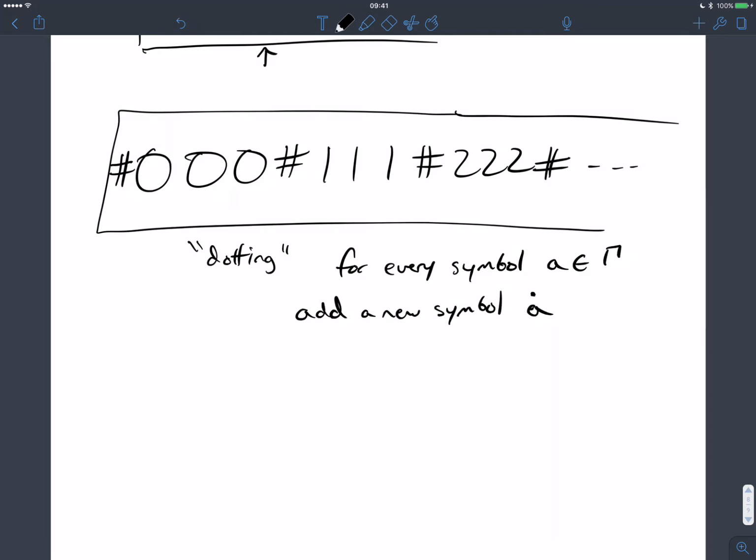And don't think that this dot is a special behavior of the Turing machine. All it is is just another symbol name. But to us, it represents that the tape head was looking at this cell and it had the value A. Okay?